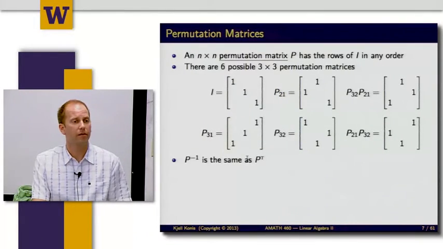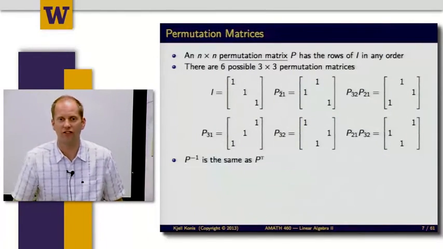The other interesting property that this has is P inverse is the same as P transpose. So for P21, since this is a symmetric matrix, and it's its own inverse, you have this kind of strange, I guess I would call it duality, but there's actually 3 things, so maybe it's triality.